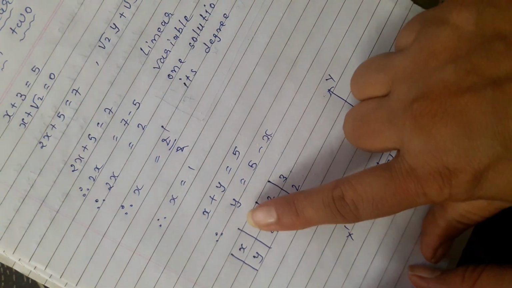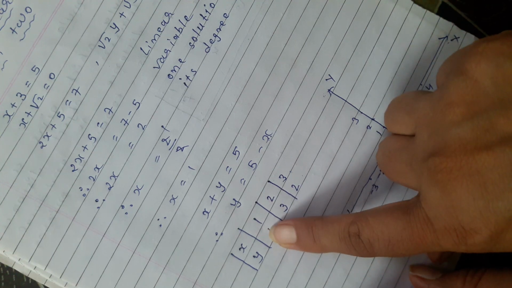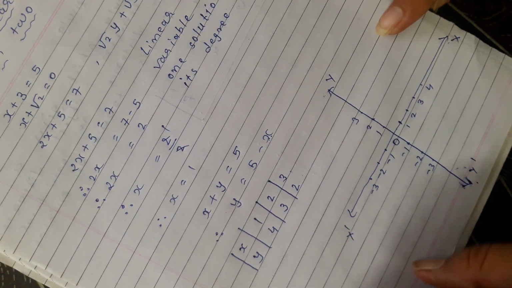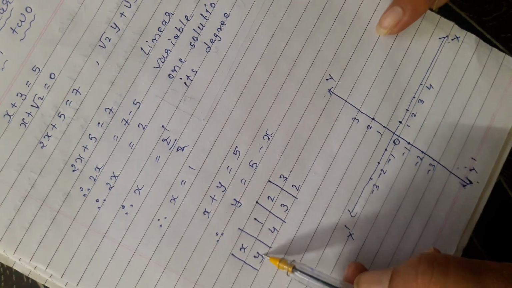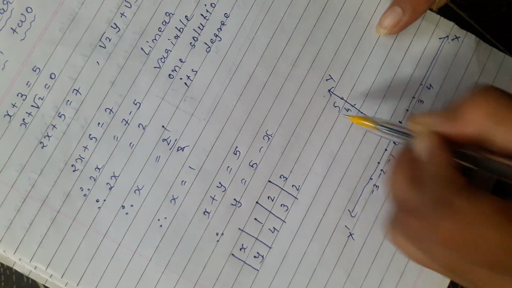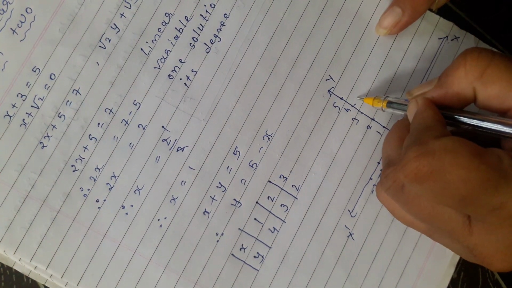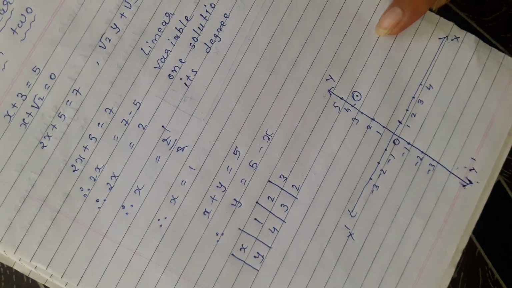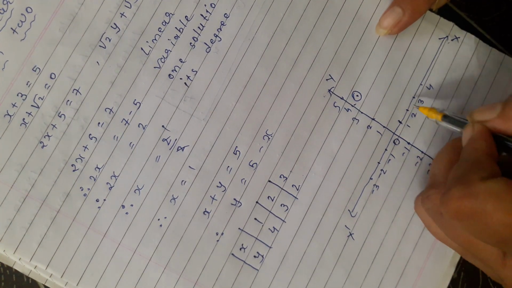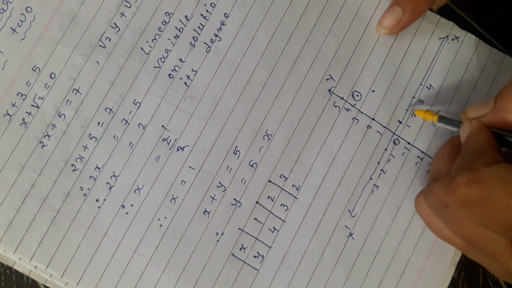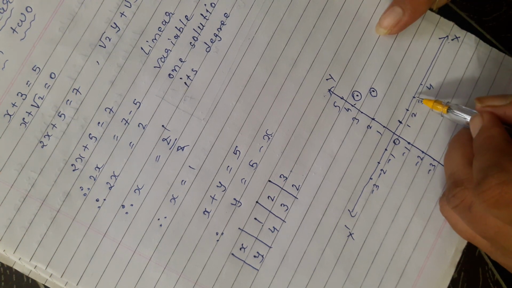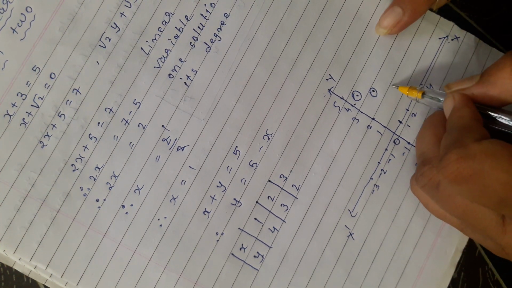Now if we locate these points in the graph: x equal to 1, y is 4, x is 2, y is 3, and x is 3, so y is 2.